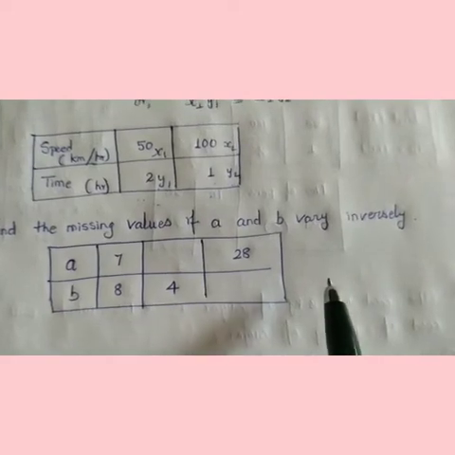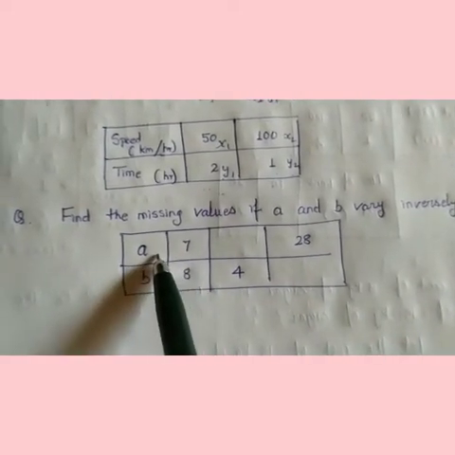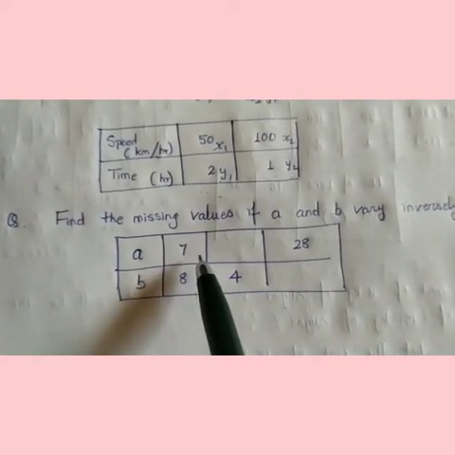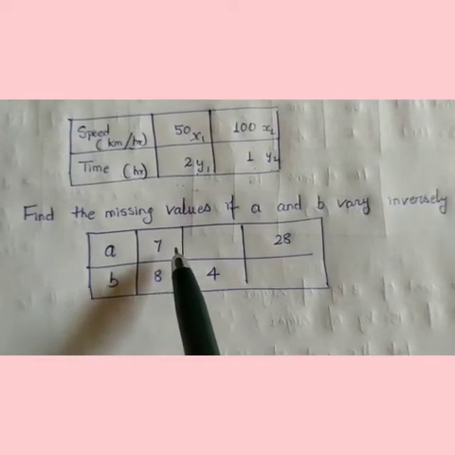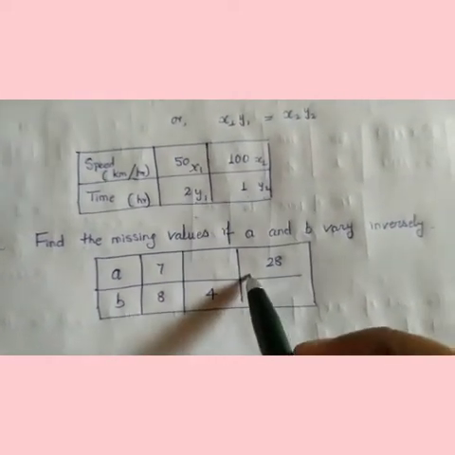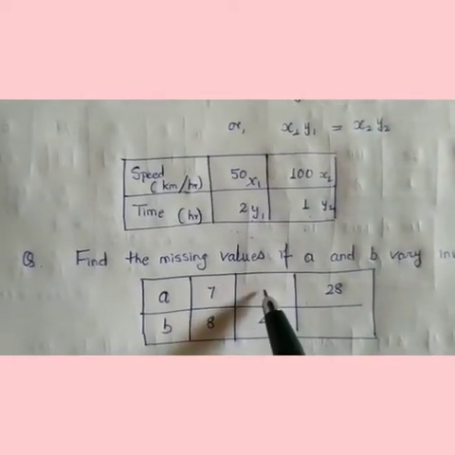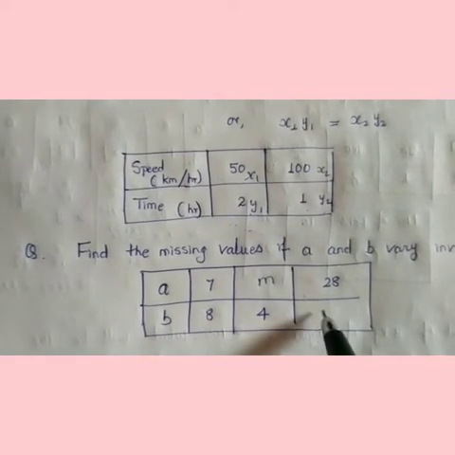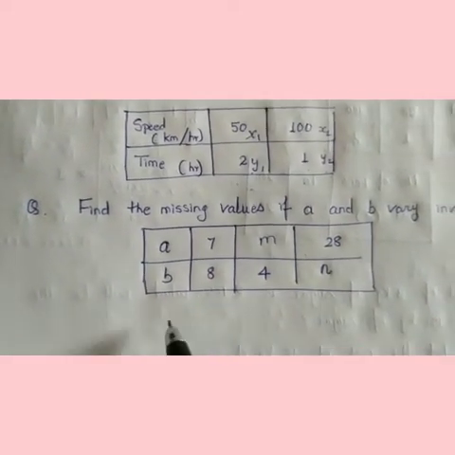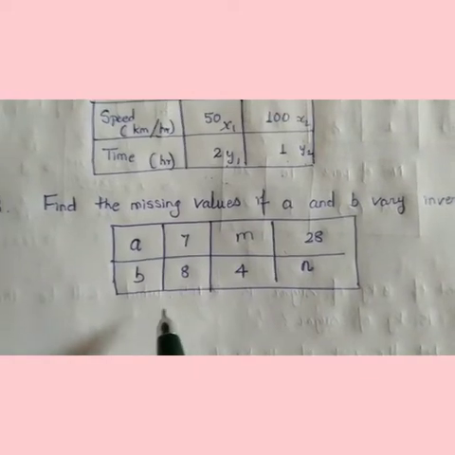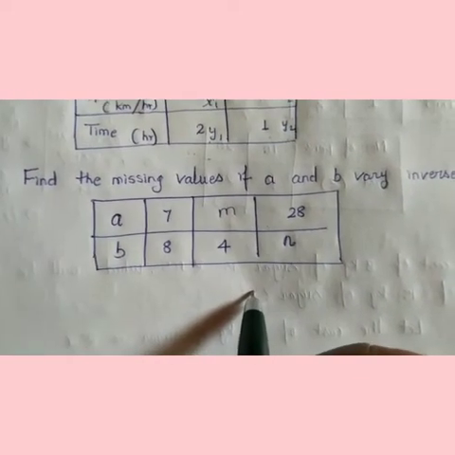Now we have to find the missing values if A and B vary inversely. We have A and B, and there is inverse variation between them. We have some missing values. Suppose this is M and this is N. Since A and B vary inversely, you write here A and B vary inversely.